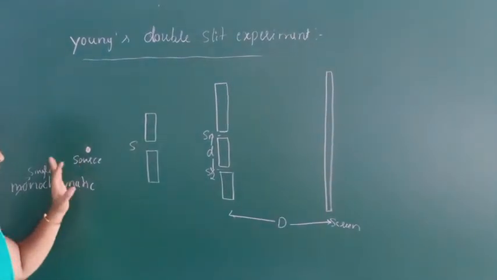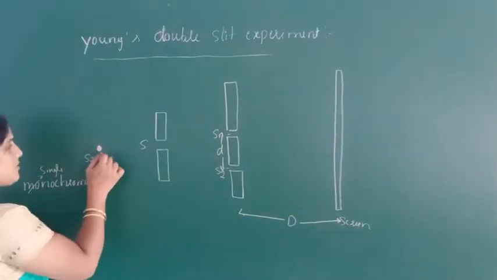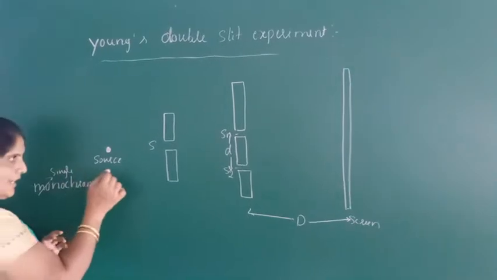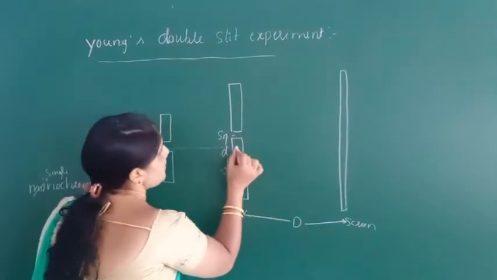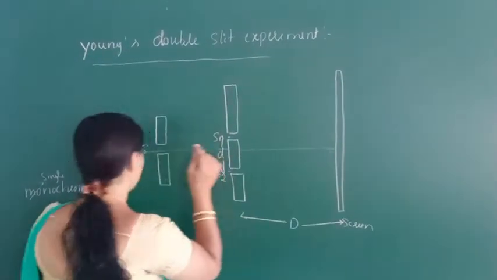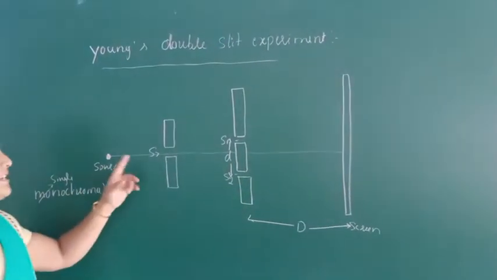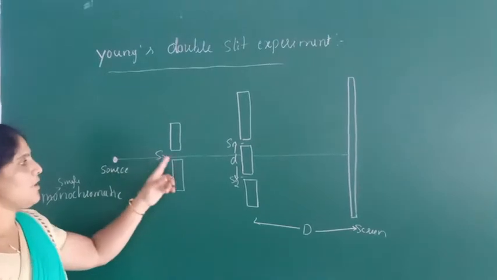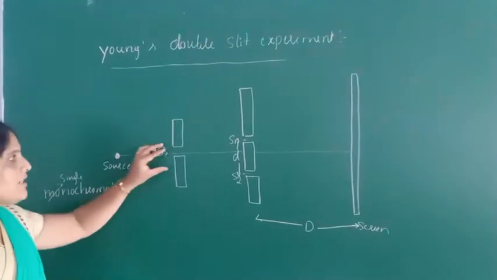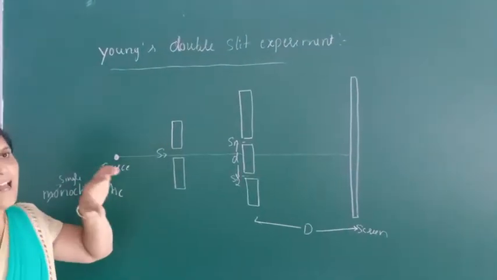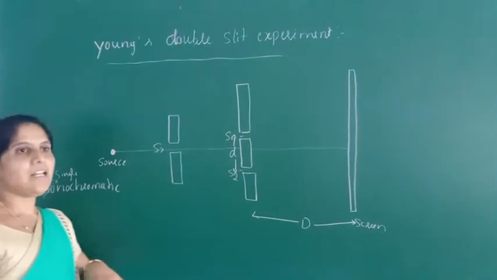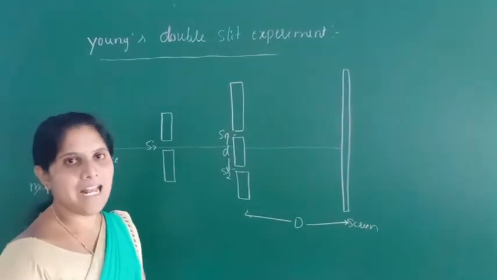According to him, when the source emits monochromatic light, this monochromatic light is made to fall on the single slit. Here the single slit acts as a point source. You know that a point source emits spherical wavefronts.